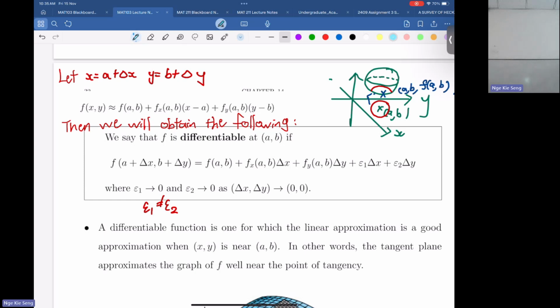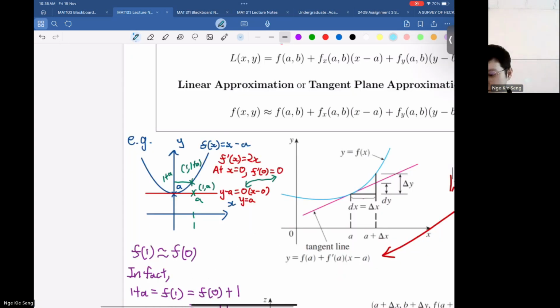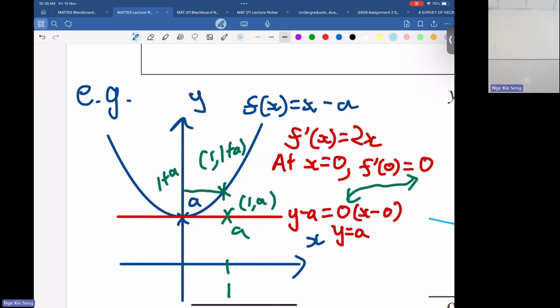Okay. 未来，我们有一个图了。So on this surface, okay, let's say this is an AB point. I form a tangent plane. And then 我要问的问题是 if I move this AB away, you can see that this height will change.